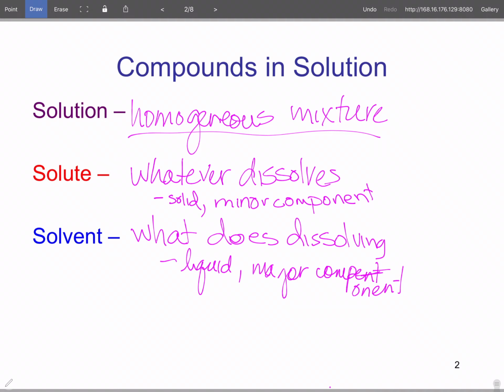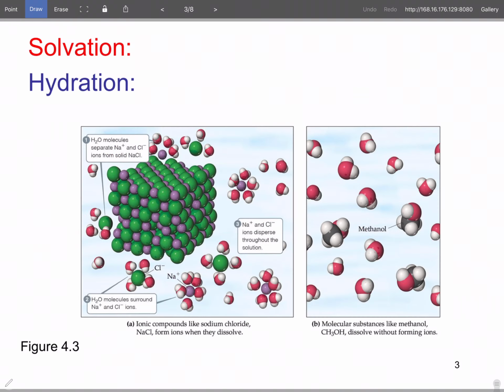Again, isopropyl major, water minor. However, hydrogen peroxide, probably in your medicine cabinet as well, is usually a 3% solution. That means it's 3% hydrogen peroxide and the rest is water. So what is the solute and the solvent? The solute is minor, solvent is major. That is relative. Okay?